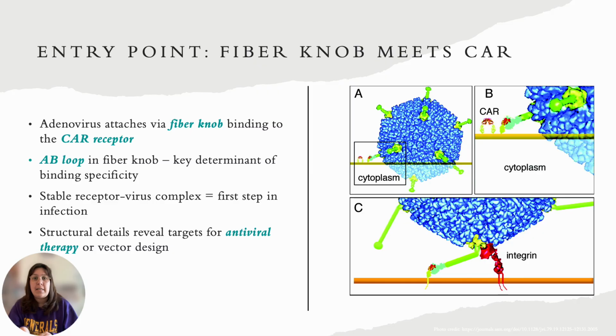Once the virus locks in, a stable complex forms, and that triggers the infection process. So this lock-and-key step is central to cell biology because it shows how viruses rely on specific molecular interactions, and it is also why this stage is such a good target for antivirals or for engineering new viral vectors.